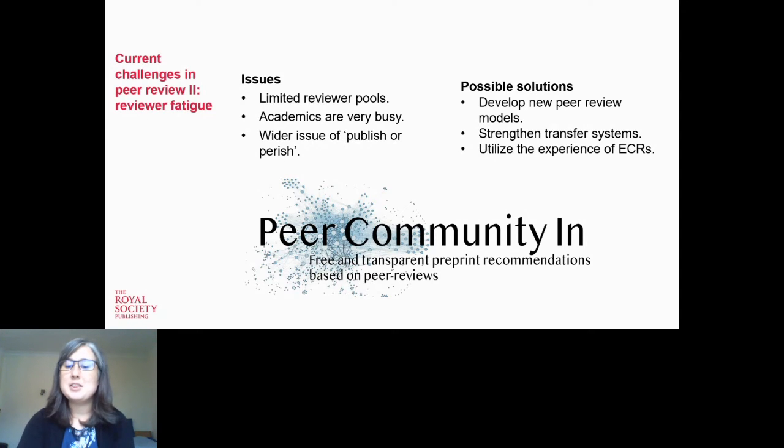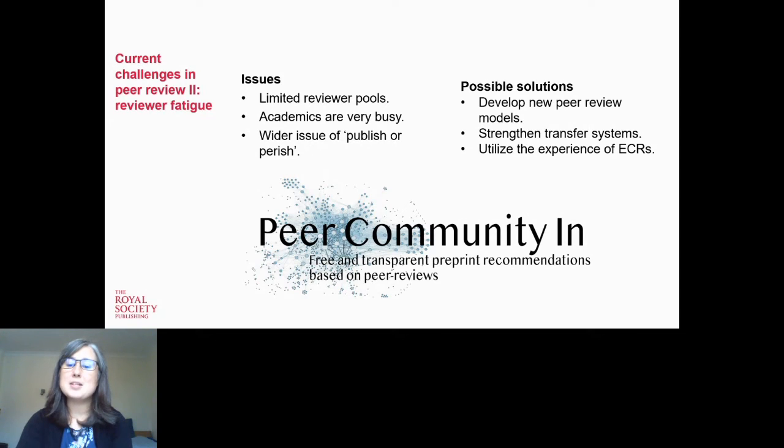In addition, there are some fields that are very specialised, and it can be hard to find reviewers with the suitable expertise. This can then put pressure on certain academics in a given field, who may become go-to reviewers for numerous journals.